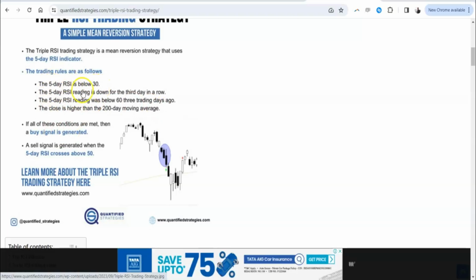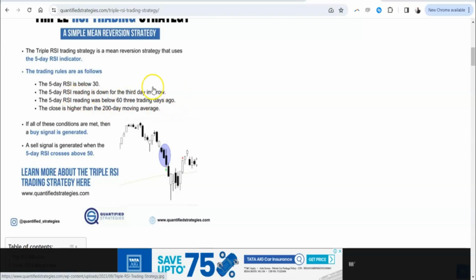The current RSI should be below 30, and this current RSI should be lower than the previous RSI, and the previous RSI should be lower than the one before it, and likewise, the second last RSI needs to be lower than the third last RSI. So in a sense, you have to ensure that the RSI values have been declining for 4 periods, and that the fourth last RSI was also below 60.